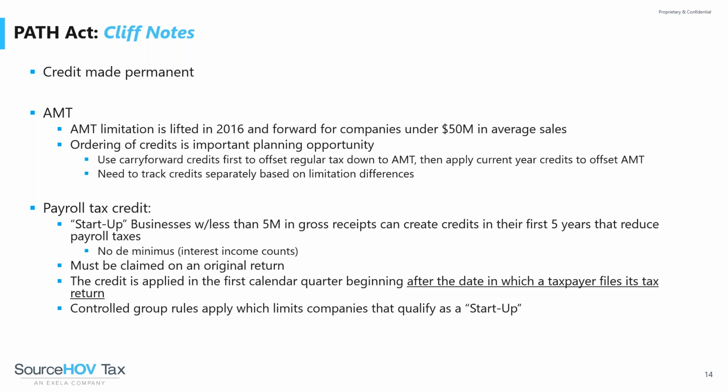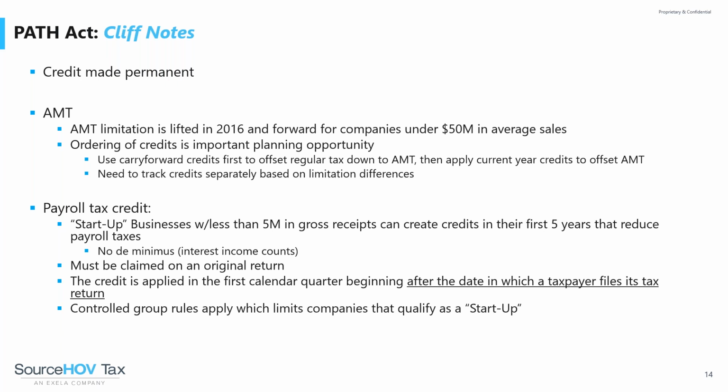So it's now permanent, which is a good thing. It provided AMT relief for qualifying smaller businesses, or the owners of those businesses if it was a pass-through entity. And lastly, it allows qualifying startups, who would otherwise not care about the credit, to use it. Startups are typically in NOLs or losses. They're not in a tax-paying position, so why would they want to create credits? It allows them to use it against their payroll taxes.